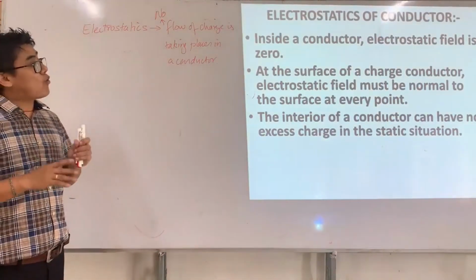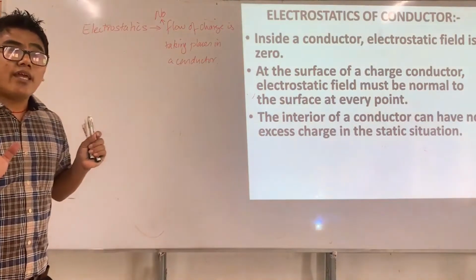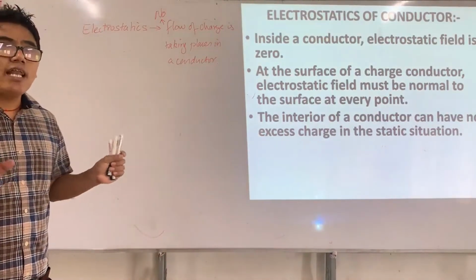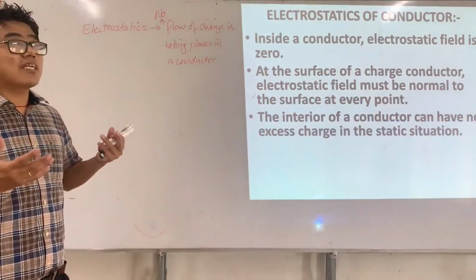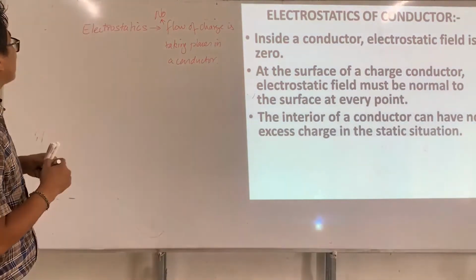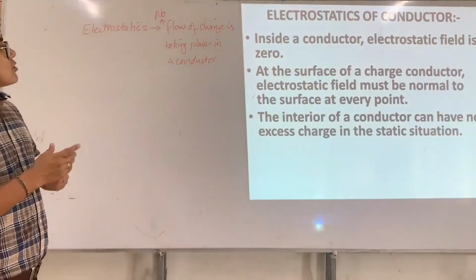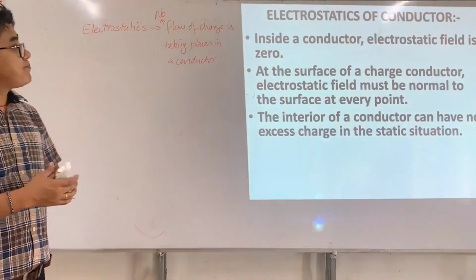That you should keep in mind. So whenever we talk about electrostatics of conductors, there's no flow of charge. Free charges in the conductor are at rest. Having this, I'll explain all the points.